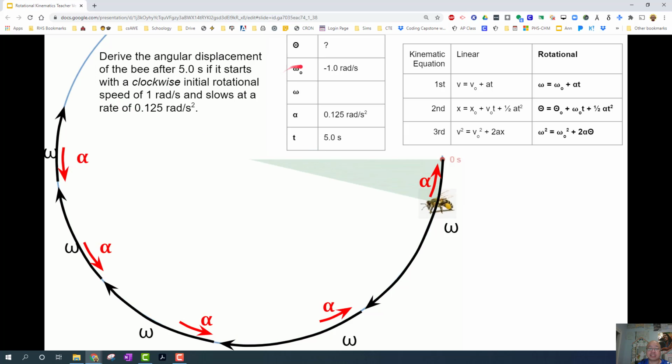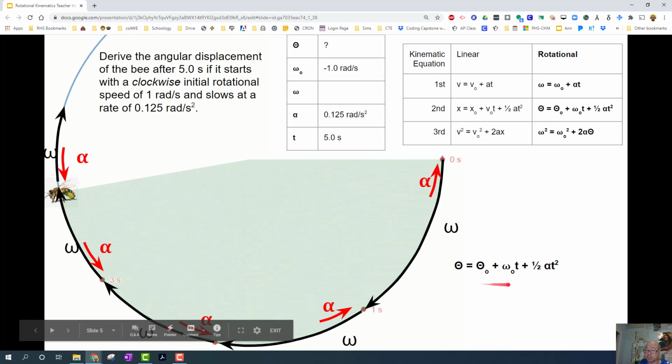In this case, it's the initial rotational velocity, the acceleration, and the time. And we also identify the one that we're looking for. So we need to find an equation that has the rotational displacement, the initial rotational velocity, the rotational acceleration, and the time. And in looking at our 3 rotational equations, it would be this equation here.